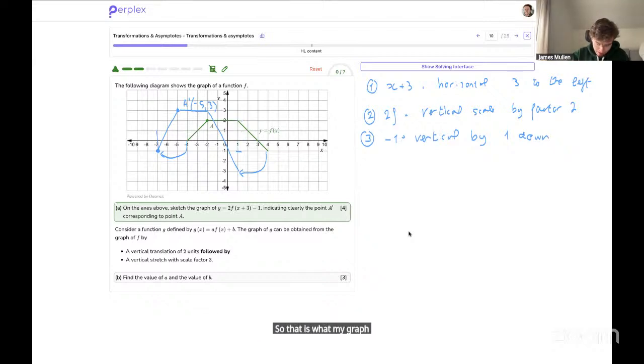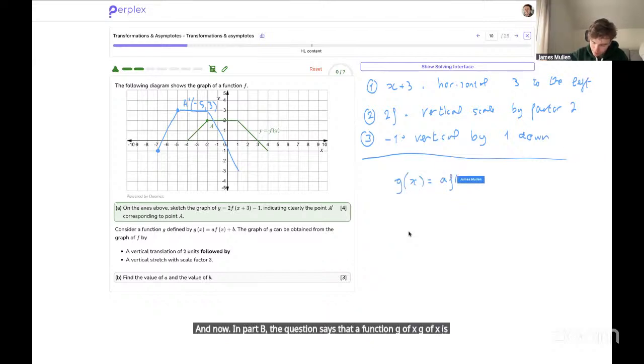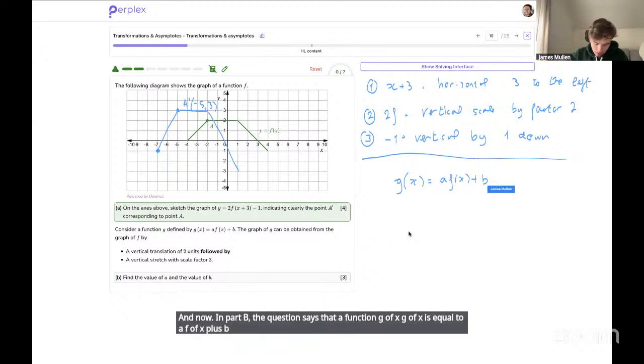Let me erase that. And now, in part B, the question says that a function g of x is equal to a f of x plus b can be obtained from the graph of f.